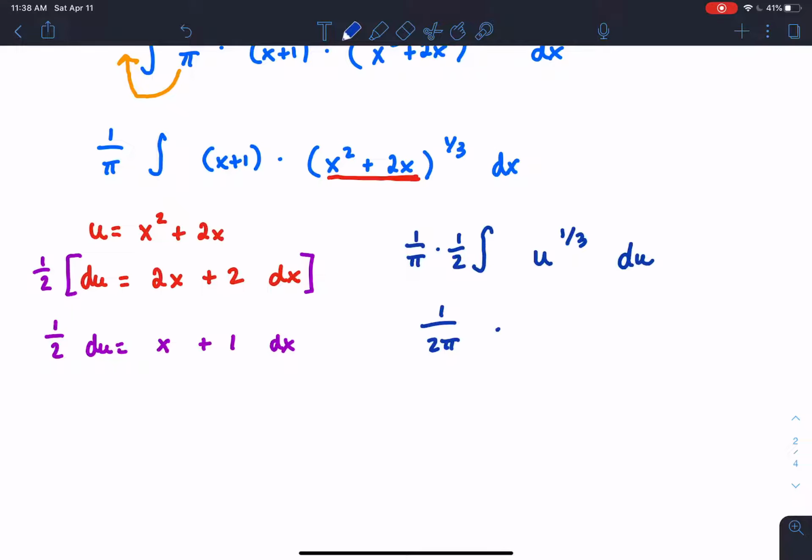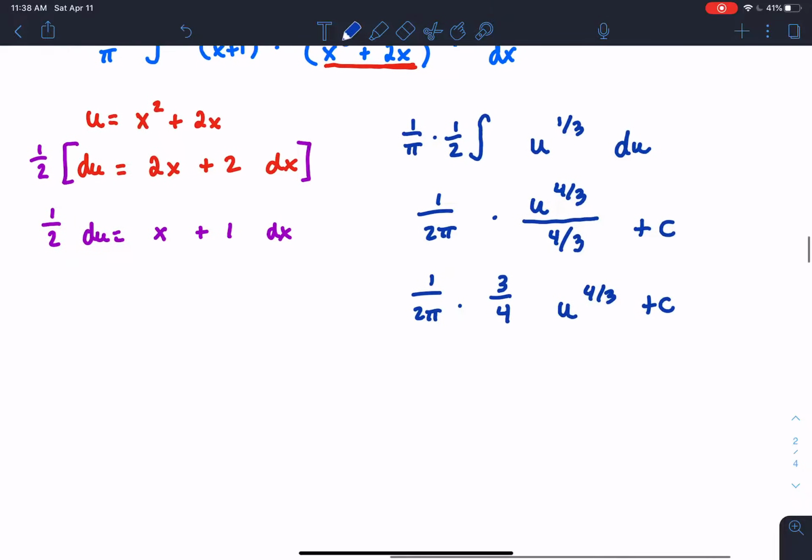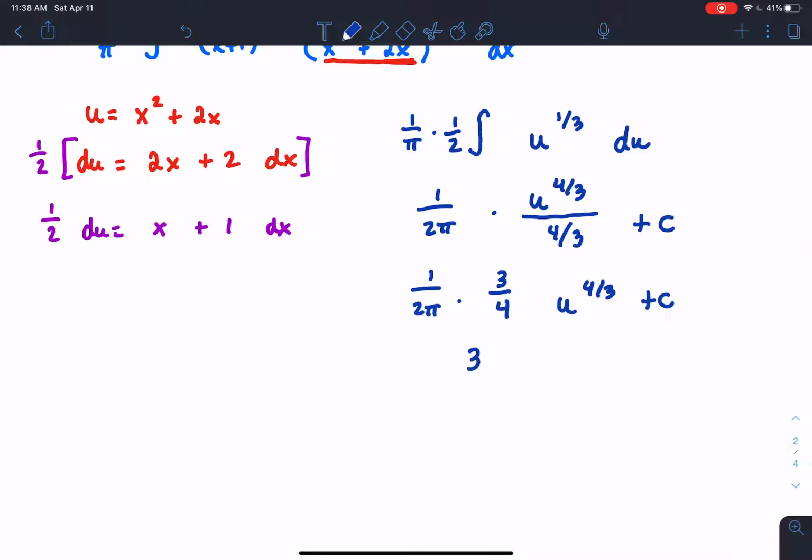And then it's u to the 4/3 divided by 4/3 plus c. So this is 1 over 2 pi times 3 over 4 u to the 4/3 plus c. All right, so this gives me 3 over 8 pi u to the 4/3 plus c.